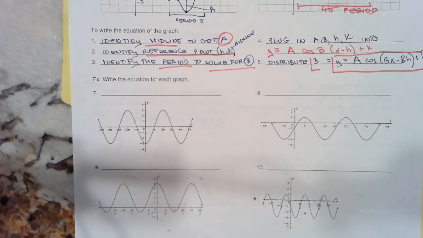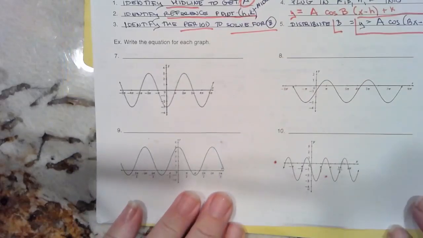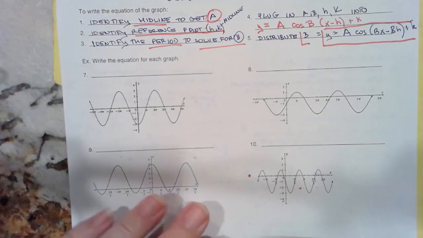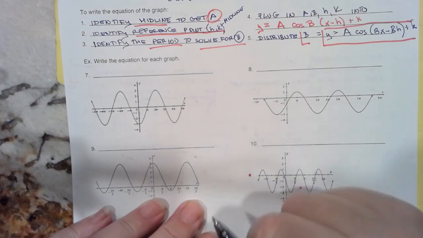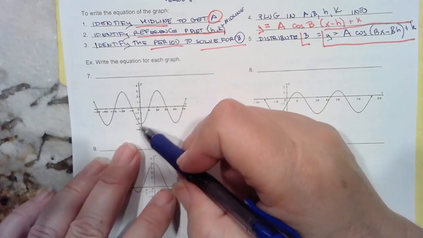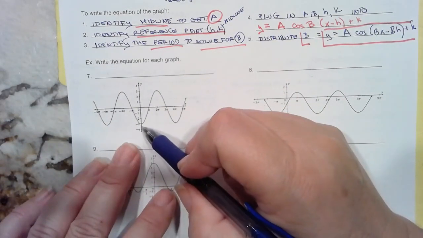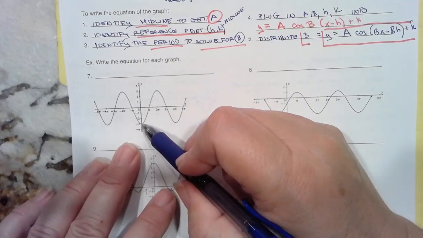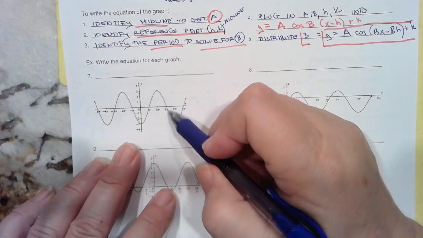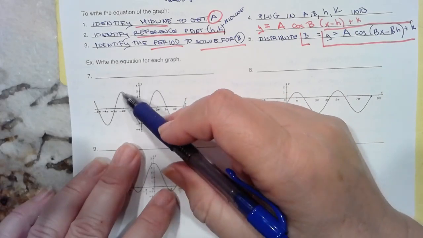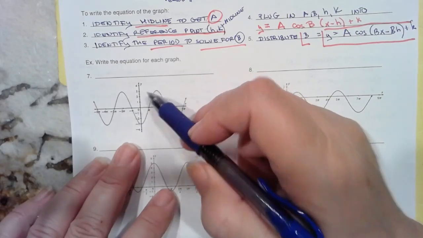So let's get started. You have your graph. The first thing is you need to look at the graph and remember the cosine does not start at your midline. So here I am, I go down and then I go up and I go down. Again, you can start somewhere else and it's going to be positive.